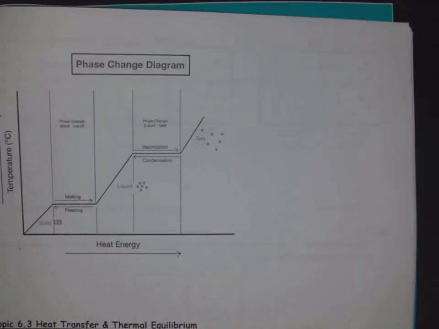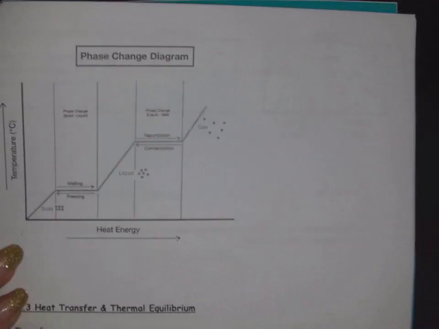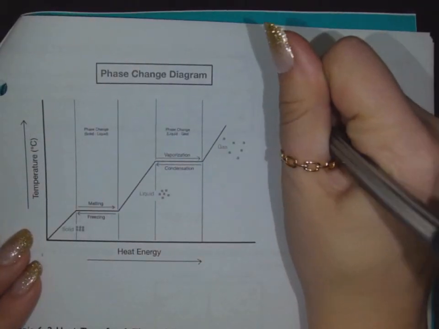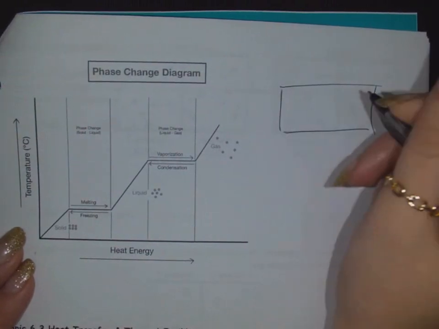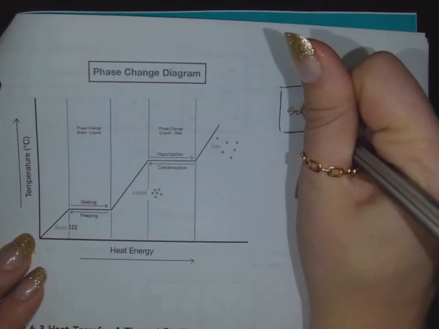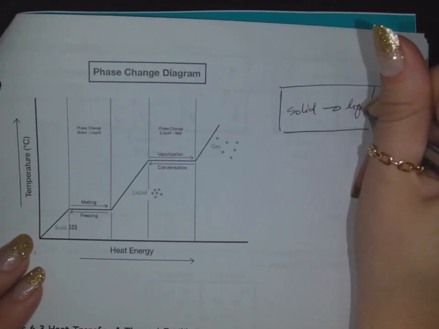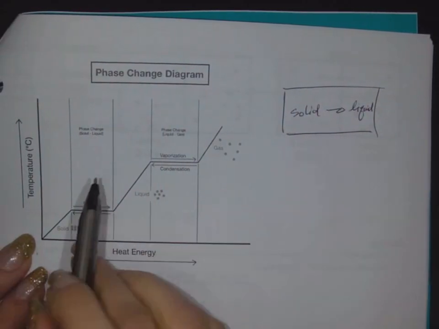This also works for phase changes, so let's talk about that really quick. What if I go from a solid, okay, so new system, here we go. I'm going to go from a solid to a liquid. And we know what that is. That's melting.